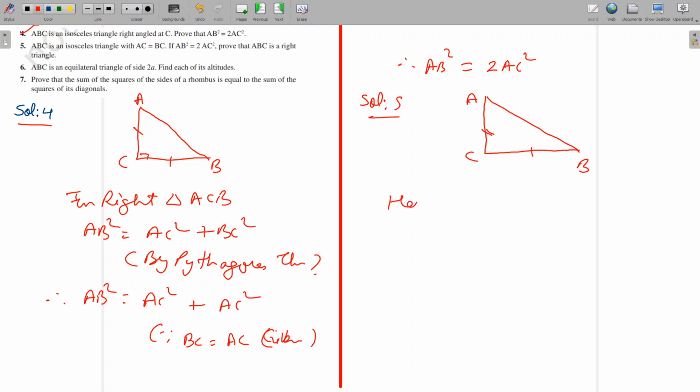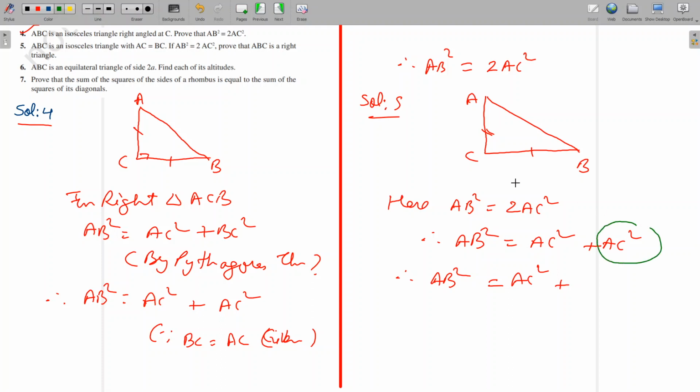Here AB square equal to 2AC square, and 2AC square you can write, therefore AB square equal to AC square plus AC square. Therefore AB square equal to AC square plus, since AC and BC are equal, we can replace AC square with BC square.